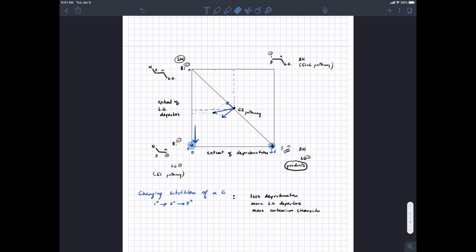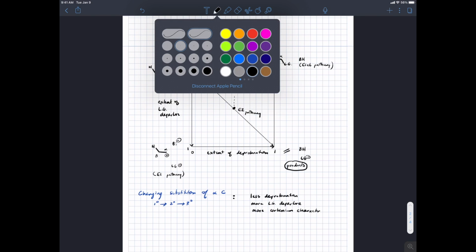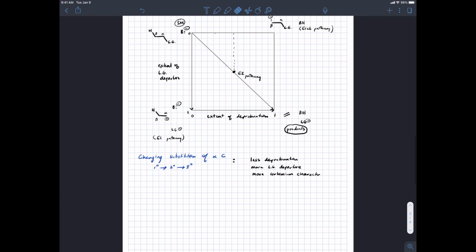What if, instead of messing with the substitution of the alpha carbon, let's try a stronger base. Okay, so what if we use a stronger base? Now your instinct tells you, what should a stronger base do for an E2 on this continuum? Just based on your knowledge from undergrad 351.